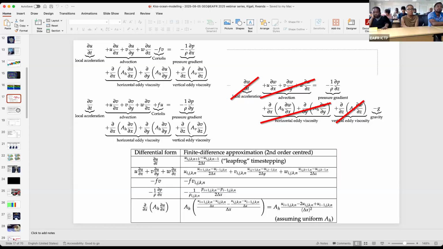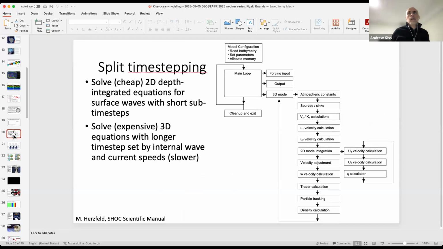Tsunamis are a surface wave, and because of that, you can actually get away with a much cheaper model. So there are specialized models that are used for tsunami forecasting. Because it's a surface wave, you don't need to worry about anything happening in 3 dimensions.